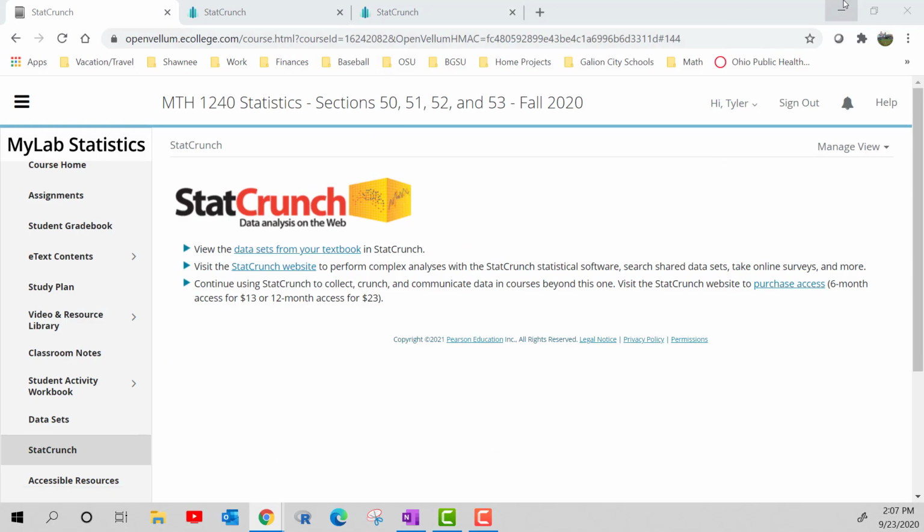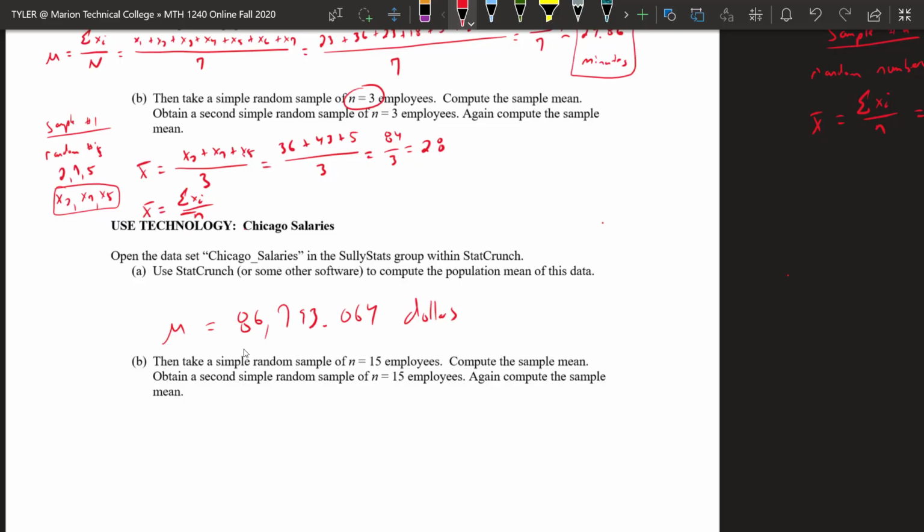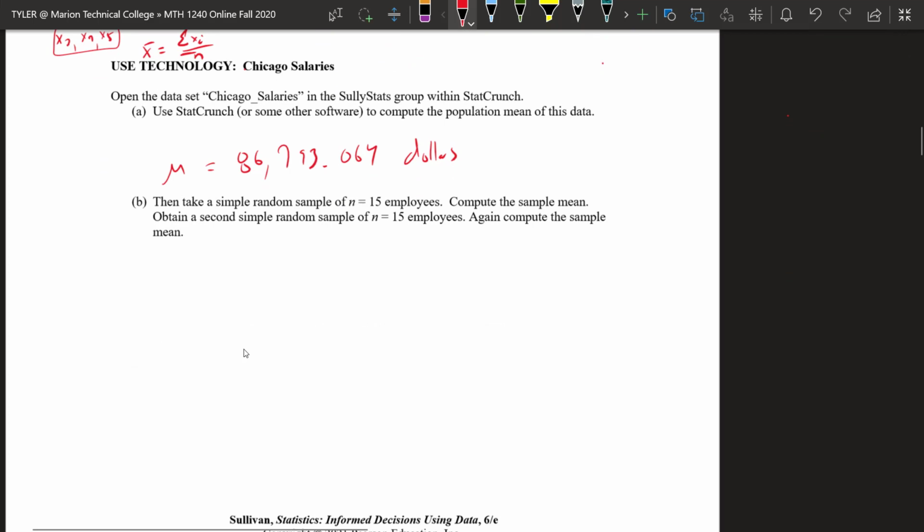Right, so we could go back here. I'm going to use x bar sub 1 for sample 1, and this was $87,140. And for sample 2, we'll use x bar sub 2, which was $82,411. Or no, these were numbers I got earlier. These aren't the numbers that we just got.